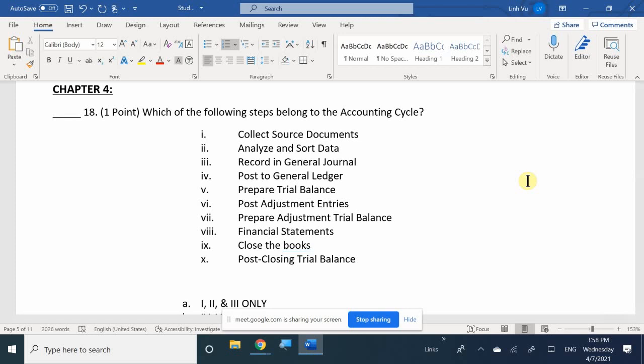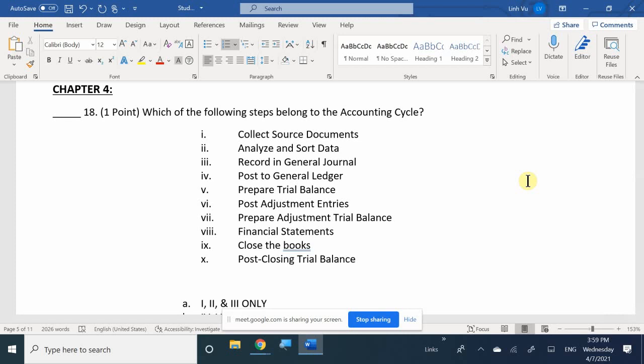Once we complete step 3, what comes after that? The ledger. So step 4 is that you're going to post it to the general ledger.